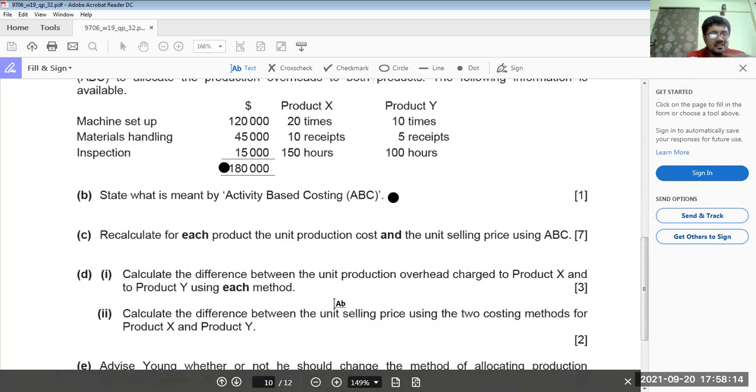Now, we were there. Recalculate for each product the unit product cost and the unit selling price using activity-based costing. So first we have to allocate the cost on the basis of ABC, and then we will calculate our cost. So go to our answer sheet.